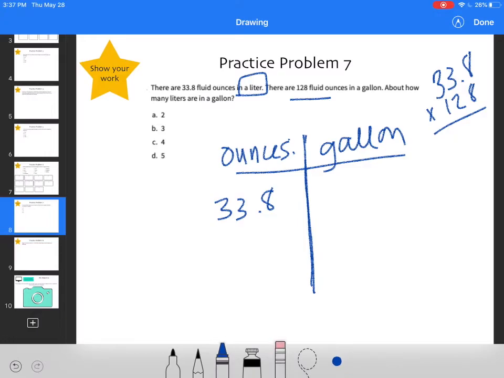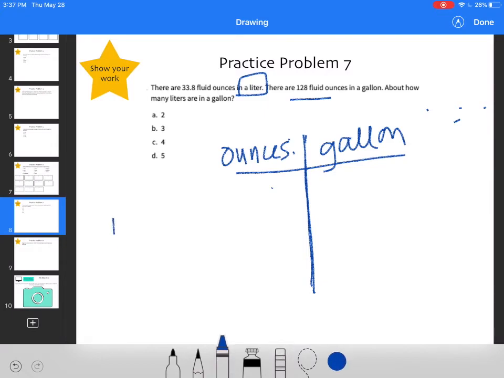That's not going to get me the right answer. So let's try again. Oh, I've got to divide. So I have 128 and I'm going to divide by 33.8, because I'm trying to get from ounces to liters.